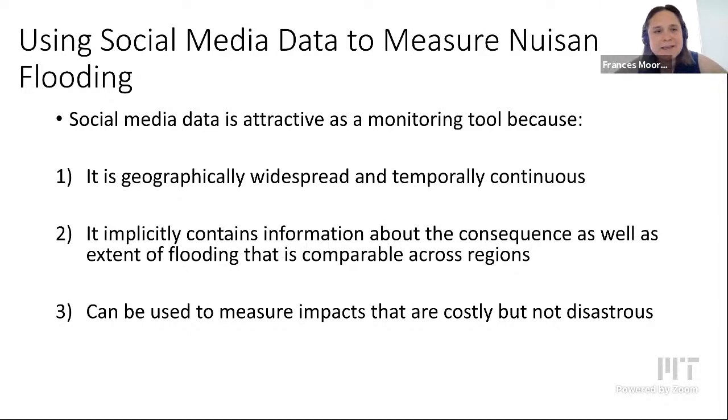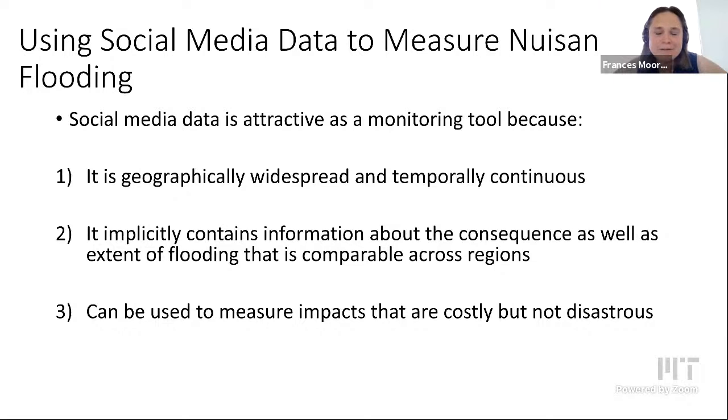So what are we doing here? Social media data here is attractive for this problem for a number of reasons, right? It's geographically widespread and temporally continuous. More or less people are tweeting, so you're getting some kind of measure every day, every hour.